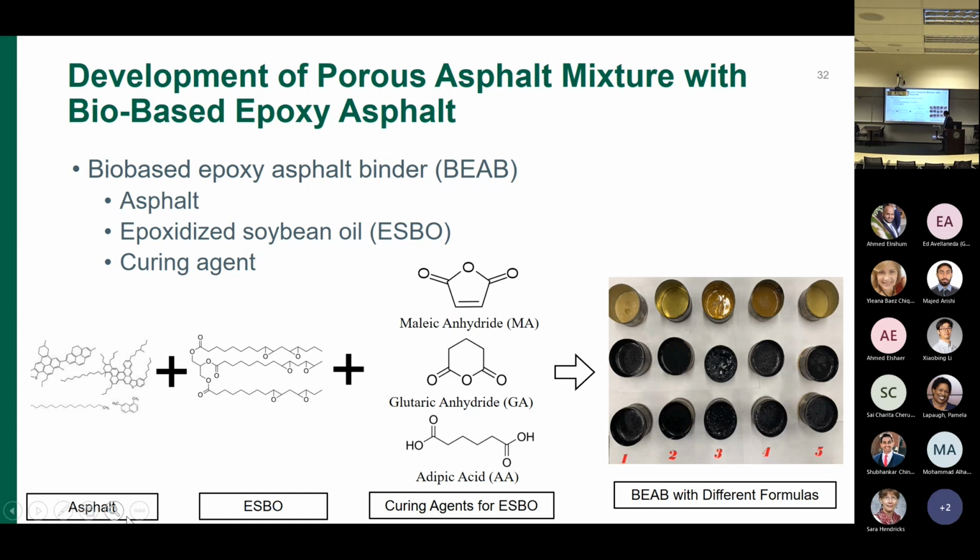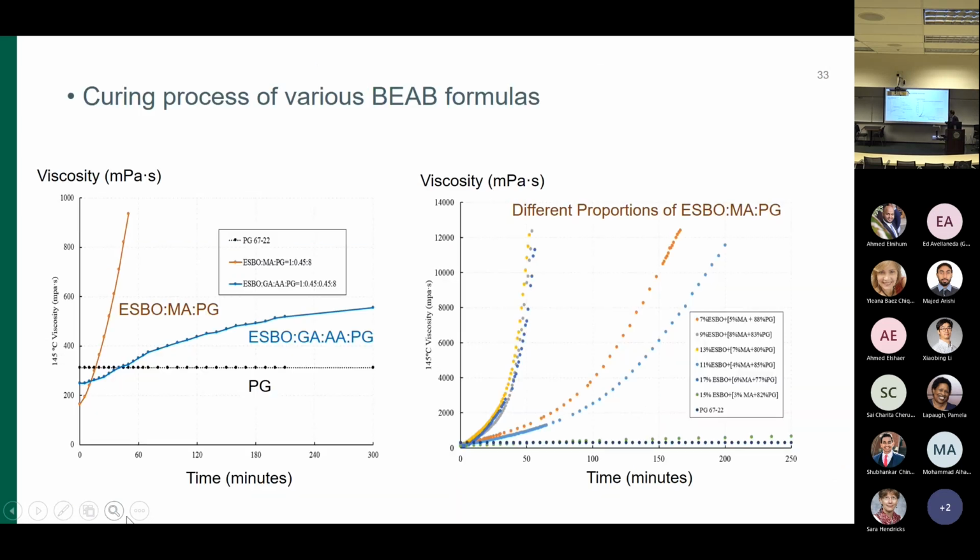And eventually, we tried several different combinations and found the best combination, which we evaluated in terms of the change of viscosity of the mixed material, because that's a key property which reflects the level of curing of the epoxy soybean oil and the curing agent in asphalt.